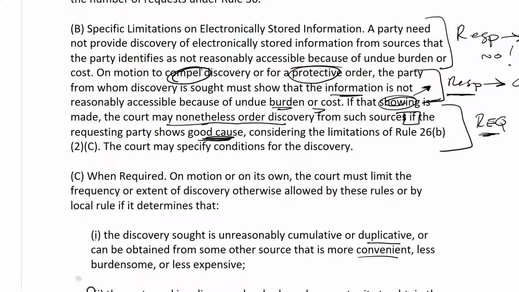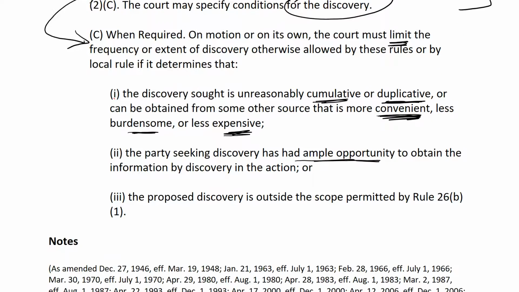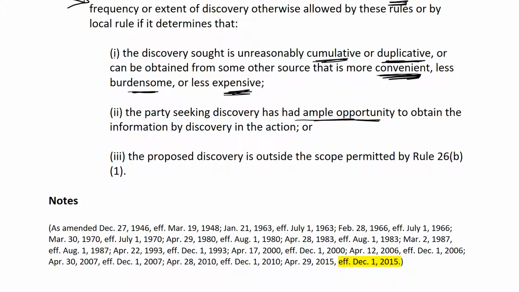And also the court has to consider the limitations of 26(b)(2)(C), which is immediately below here, which point out that discovery can be limited if that discovery is cumulative or duplicative, right? Or can be obtained somewhere more conveniently, less burdensomely, less expensively, right? Or the party seeking discovery had opportunity enough to get that information by discovery in the action already, or the discovery is outside the scope permitted by 26(b)(1).